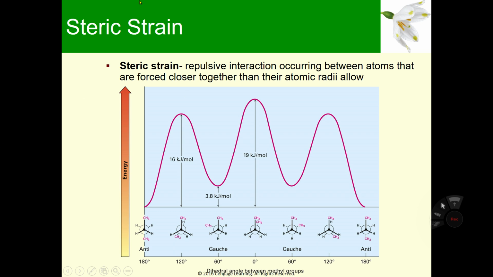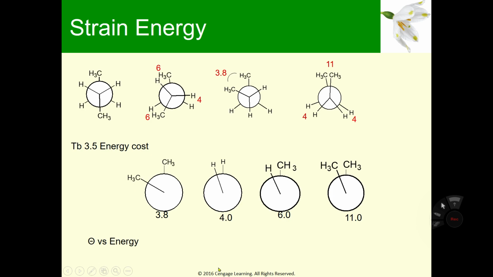And let's apply the concept of the energy here. 3.8, 4.0. Gauche CH3 is 3.8. Torsional strain between H and H is 4.0. Torsional strain between H and CH3 is 6.0. CH3 and CH3 is 11.0.